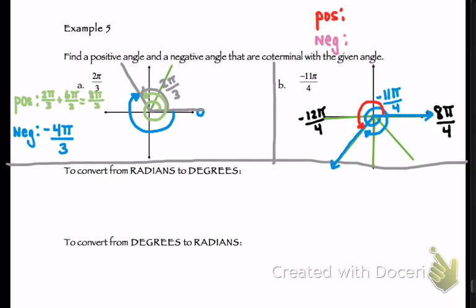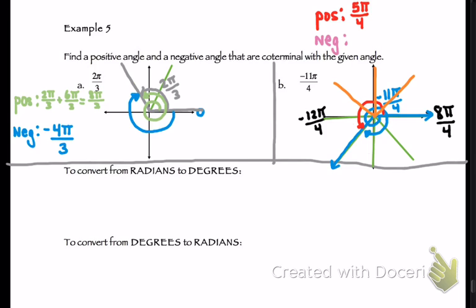If you're more comfortable splitting that into fourths, maybe you need to do that to see. This would be 1 pi over 4, 2 pi over 4, 3 pi over 4. I know that better be 4 pi over 4 because it reduces to pi. So one more would be 5 pi over 4.